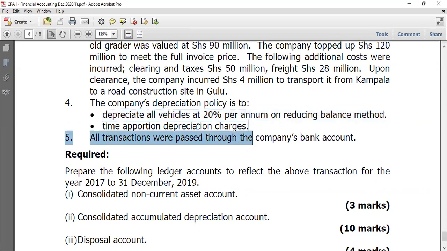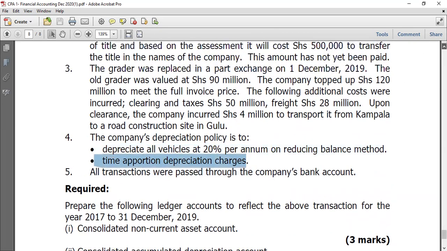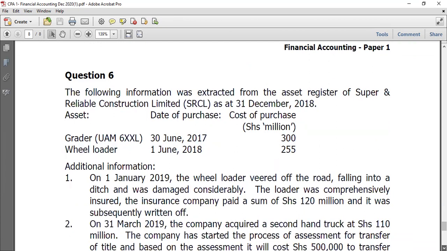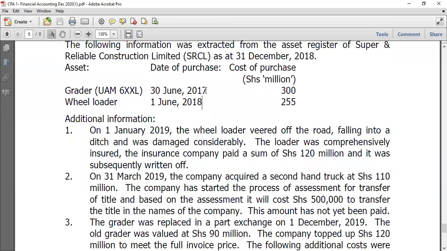And then we also have the time apportioned depreciation charges. The reason why time apportioned depreciation charges are important is because of these dates they have given us, the 30th June 2017 and then 1st June 2018. So you have to make sure that you take into consideration the timing factor, so that whatever you're calculating takes into consideration when the asset was actually bought.